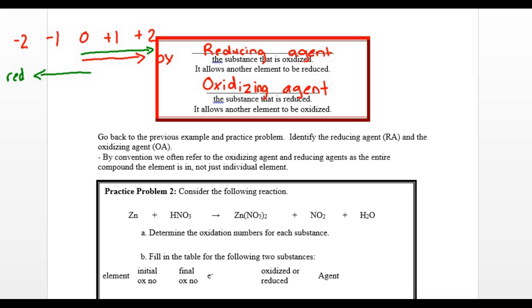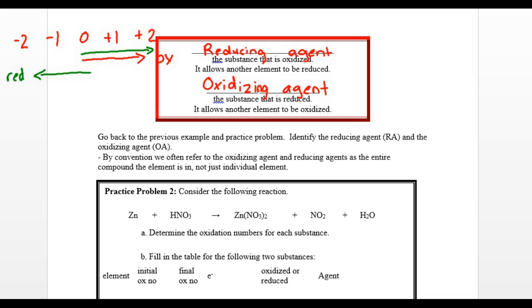A reducing agent causes something to gain electrons, so it acts on a reducer, versus an oxidizing agent causes something to lose its electrons. Pardon me. Yes, an oxidizing agent causes something to lose electrons.